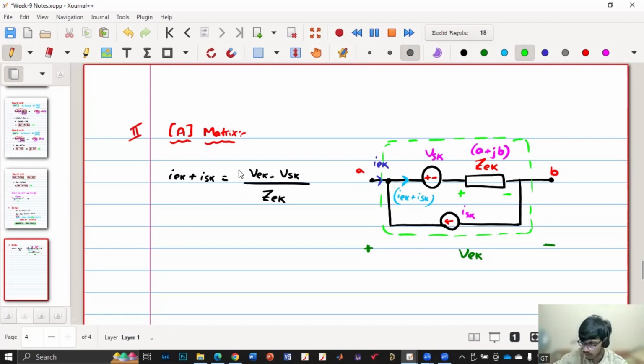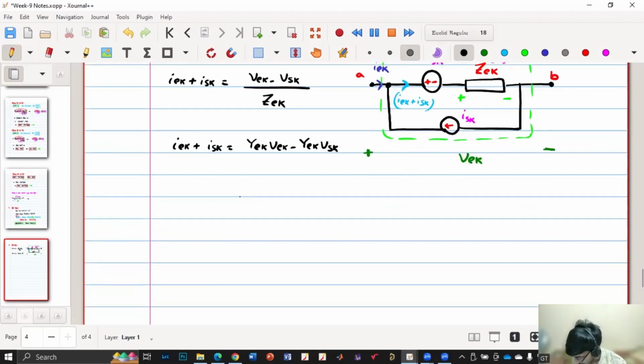Yes, sir. Now, 1 by impedance is what? Admittance, right? So we'll write in terms of admittance. So IEK plus ISK is equal to YEK VEK minus YEK into VSK. So same thing I'll do. I'll first write in terms of matrix.